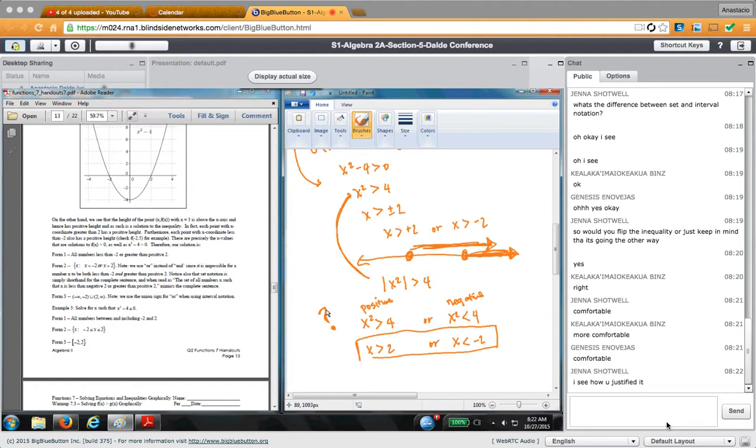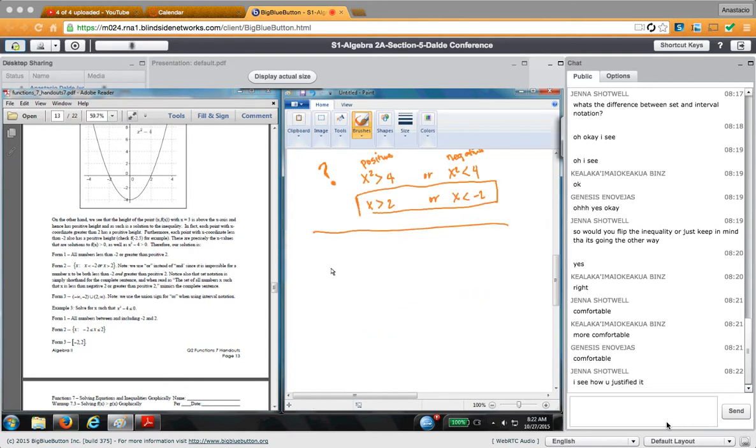So let's try another one. Let's try x squared minus 4 is smaller than or equal to 0. Okay. If I graph the left side in my head, I can make an ugly graph of this right here. I know this is negative 2, I know this is positive 2, I know this down here is negative 4. That's just graphing the left side in my head. Boom, done.